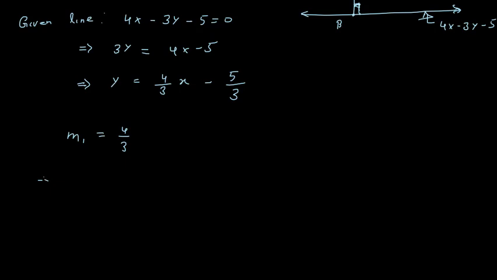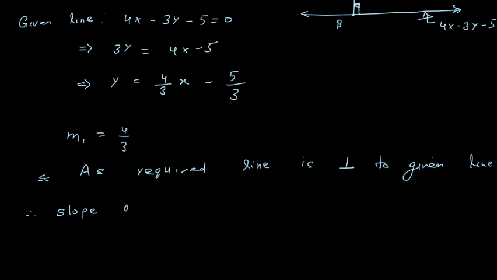Therefore, as the required line is perpendicular to the given line, the slope of the required line m is equal to minus 1 upon m1. So this will become minus 3 upon 4.